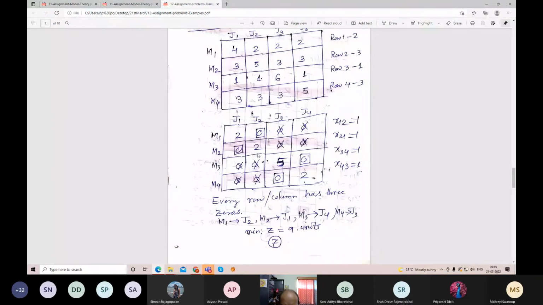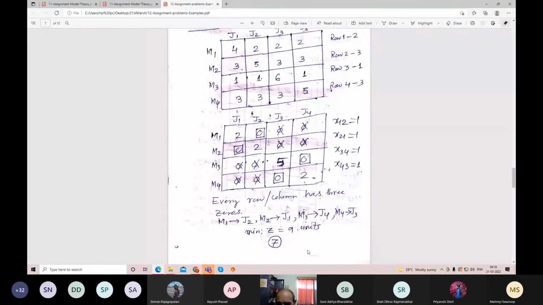Once you assign, we cross out the other zeros in the same row and column. We assign to this and cross out the other 2. Similarly, we assign to this and cross out the other 2. And we assign to this and proceed. Here in this problem we assign M1 to J2, M2 to J1, M3 to J4, and M4 to J3.